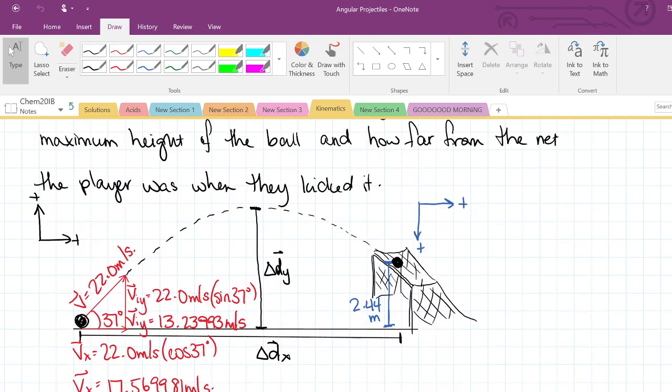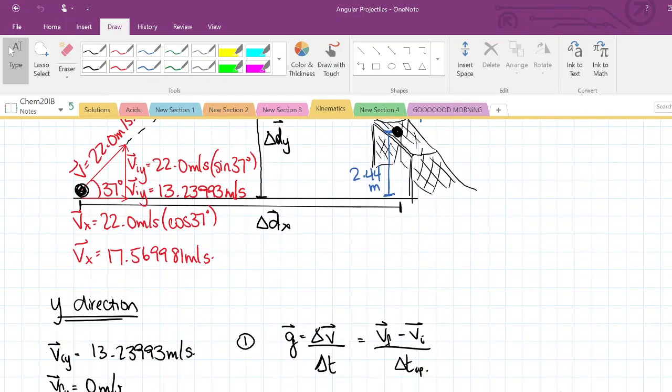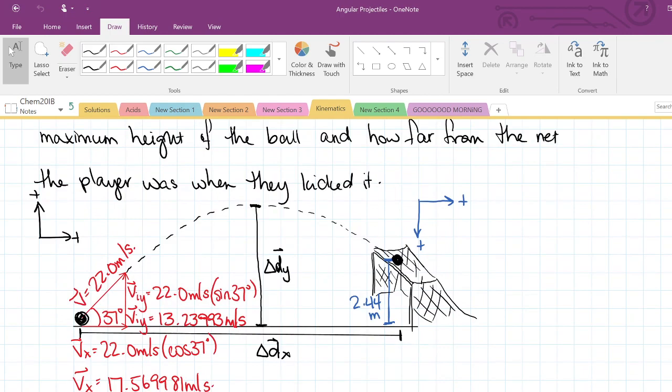I know that when the ball reaches its maximum height up here for a brief instant in time, the velocity in the y direction is going to go to 0. So my v final y is 0 meters per second. And as soon as the ball leaves the soccer player's foot, it's going to start accelerating toward the earth at a rate of 9.81 meters per second squared, negative, because that acceleration is pulling it back toward the earth.